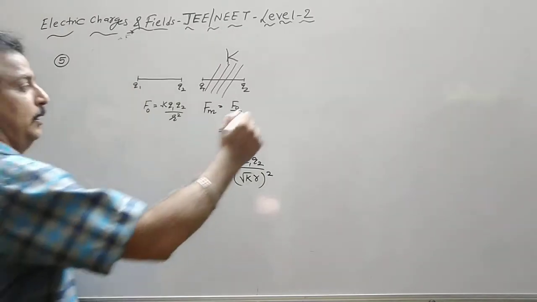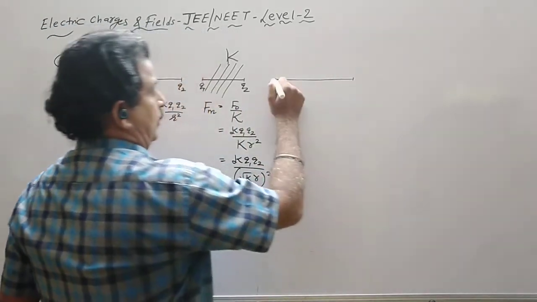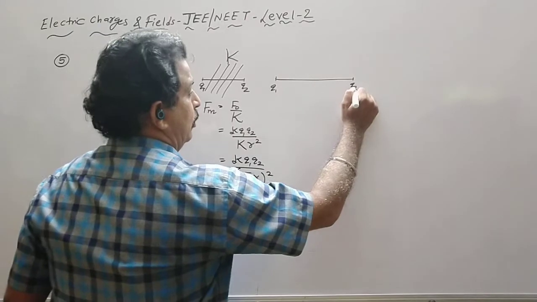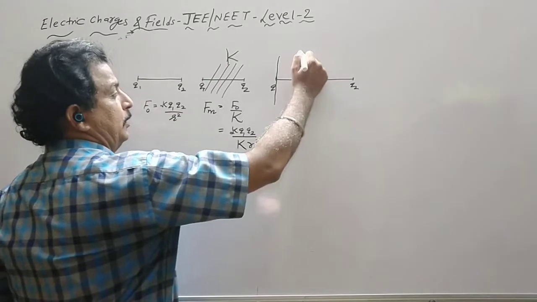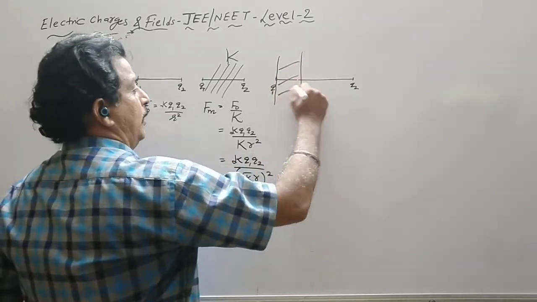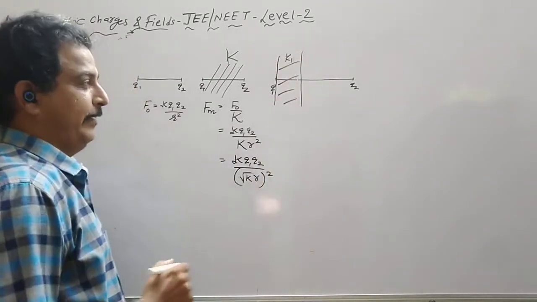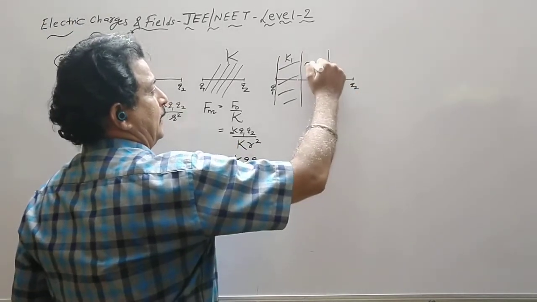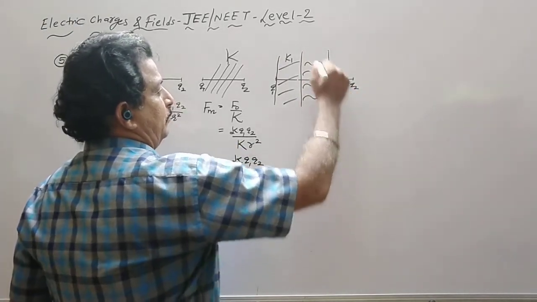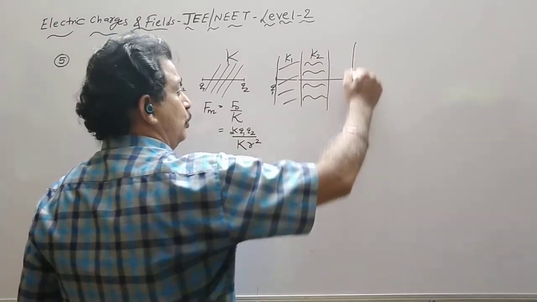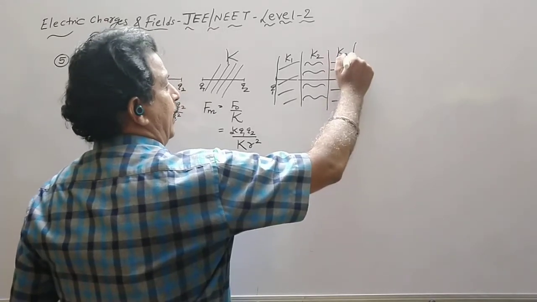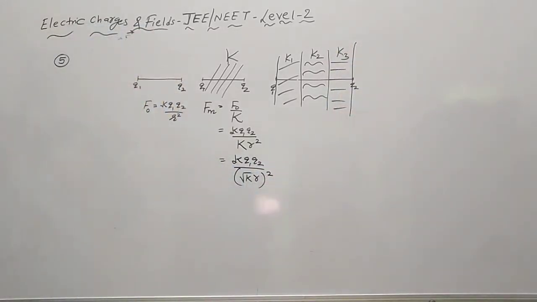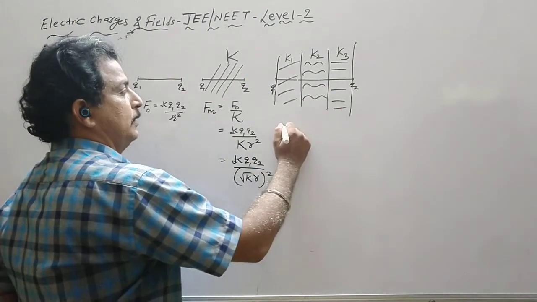Now suppose we have different mediums of different dielectric constants. Suppose this much portion has a dielectric constant capital K1. Then this is some different medium having dielectric constant K2, and this is another medium having dielectric constant K3. Then I have to write down the resultant force of this.